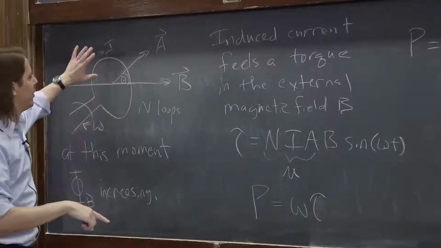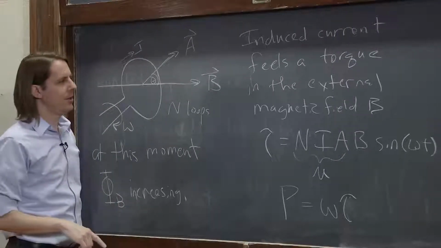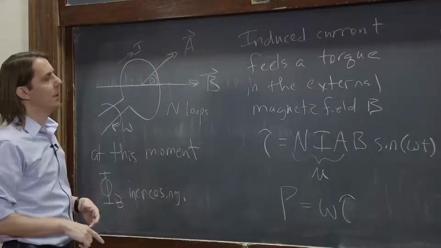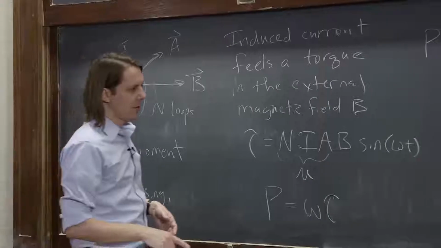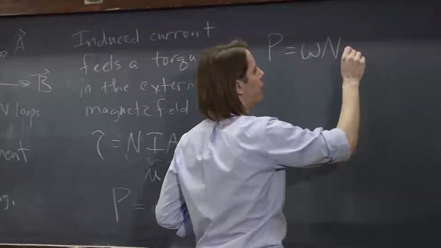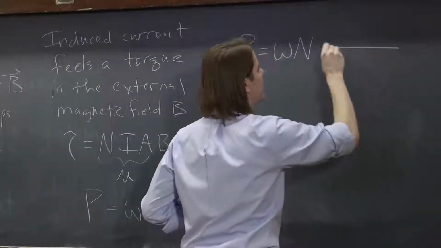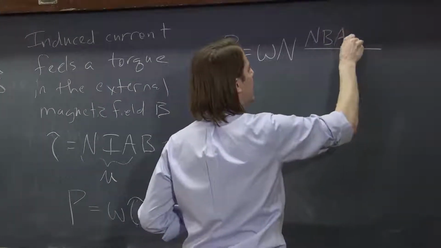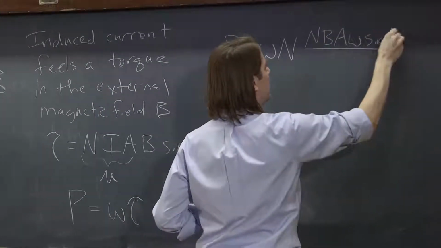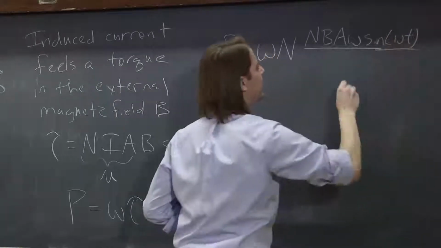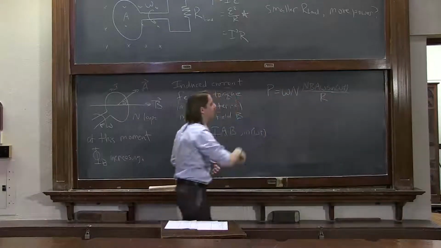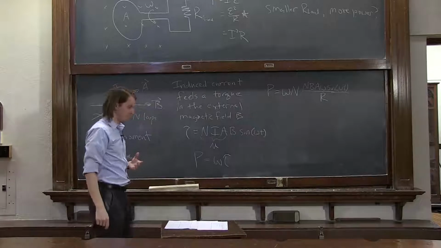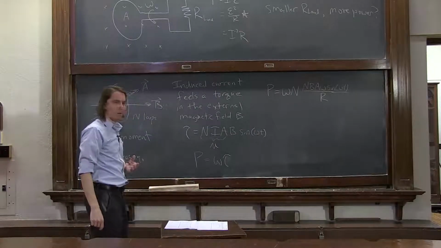The current we calculated before, based on induction, was the EMF over the resistance. The EMF was NBA omega sine omega t. That EMF divided by the resistance R would be the current that you're going to have at any moment.